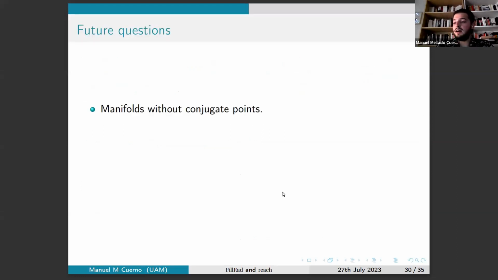So finally, I think we now have a lot of time for questions. What are the further questions? First of all, we want to think about any manifold that does not hold the property of two minimizing geodesics. So we want to think what happens with manifolds without conjugate points. Nowadays, we haven't found any example.